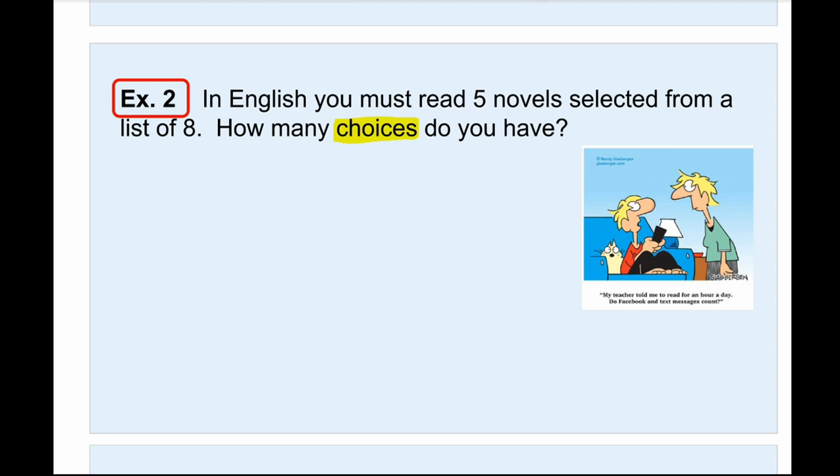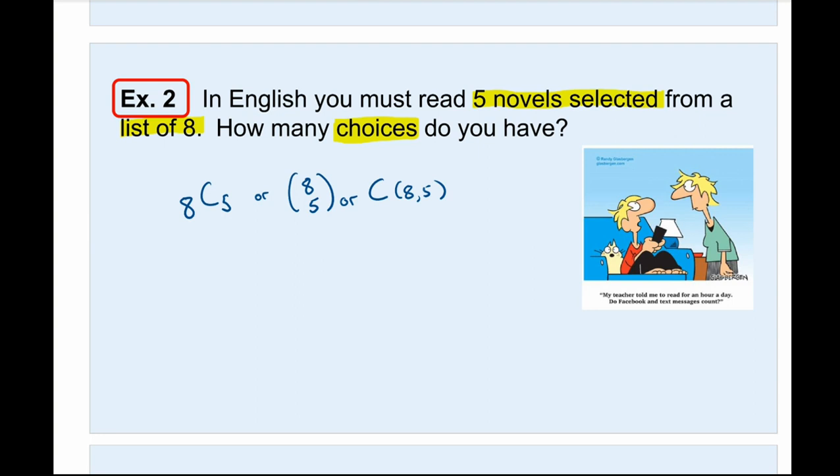We have 5 novels that we're selecting from a list of 8. So I have 8 total objects and I'm choosing 5 of them. I could also rewrite this in the matrix notation, or as C and then 8, 5.